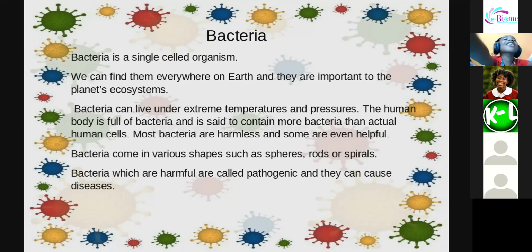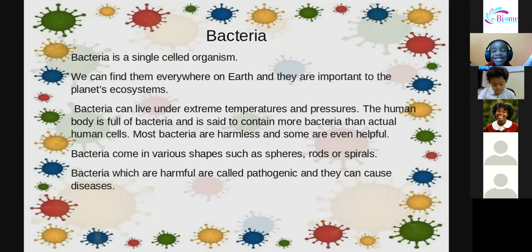Any bacteria that is harmful to the body is called a pathogen, and we describe it as being pathogenic. So pathogenic would be the adjective for bacteria that are harmful, and these can cause diseases.